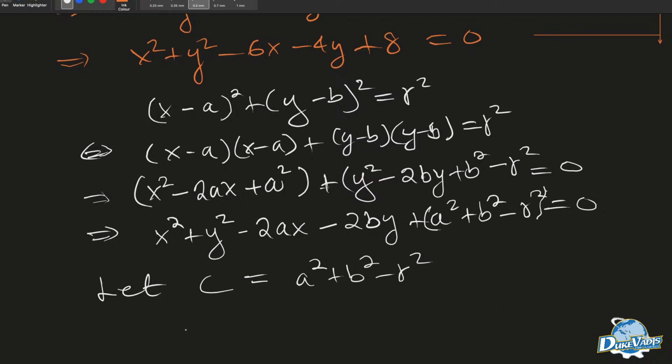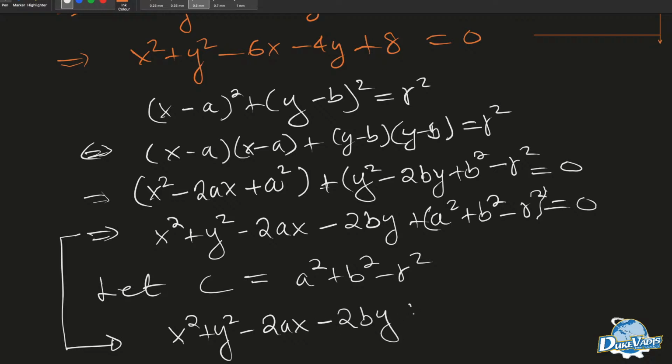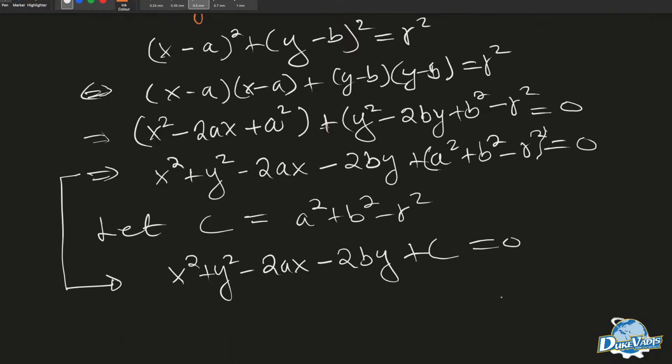Then this equation becomes x squared plus y squared minus 2ax minus 2by plus c is equal to 0. And that becomes the equation of a circle with a center, maybe negative g and negative f. Now I'm going to explain why this one became positive.